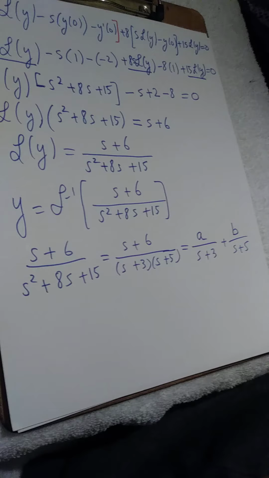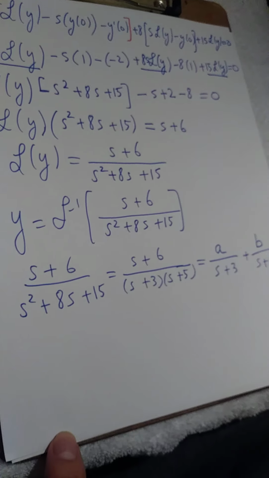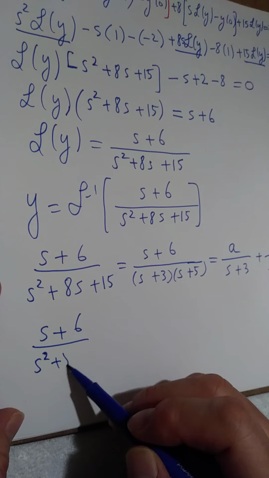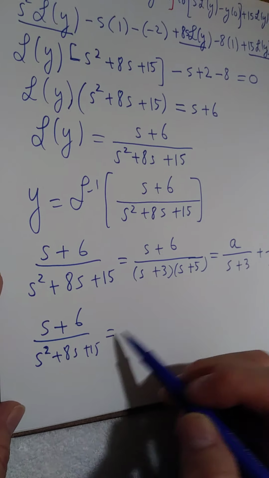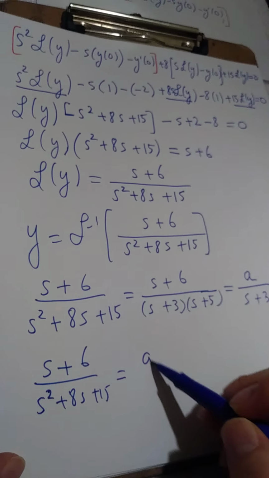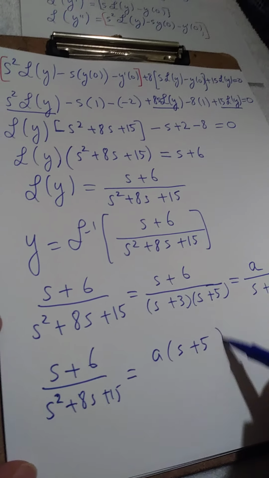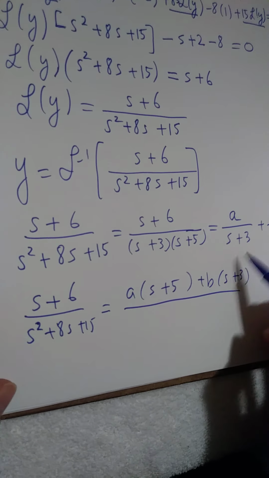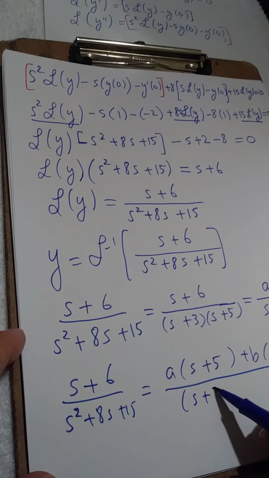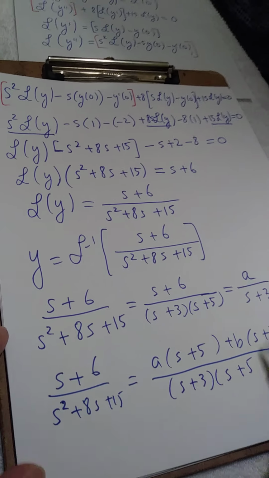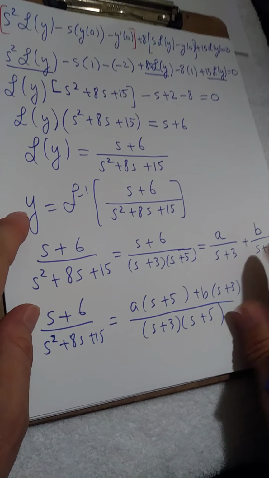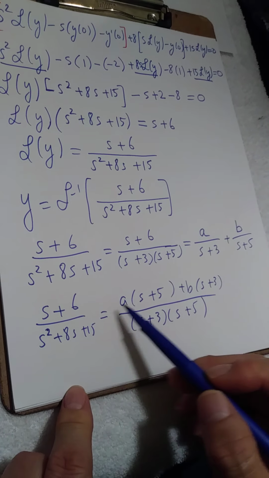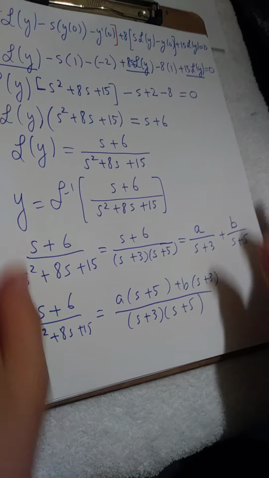And now we need to do partial fractions. So s plus 6 over s squared plus 8s plus 15 equals, rebuild this, a times s plus 5 plus b times s plus 3 over the product of those two denominators. Okay, these two sides must equal each other, so s plus 6 must equal the numerator on the right side.